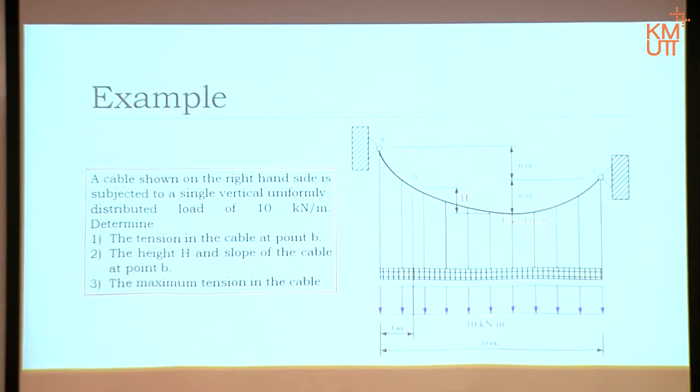There are usually two kinds of questions in this topic. Sometimes they give you all the dimensions and applied load, and they will ask for much information including the maximum tension. Or sometimes they don't use the height as the defining factor.